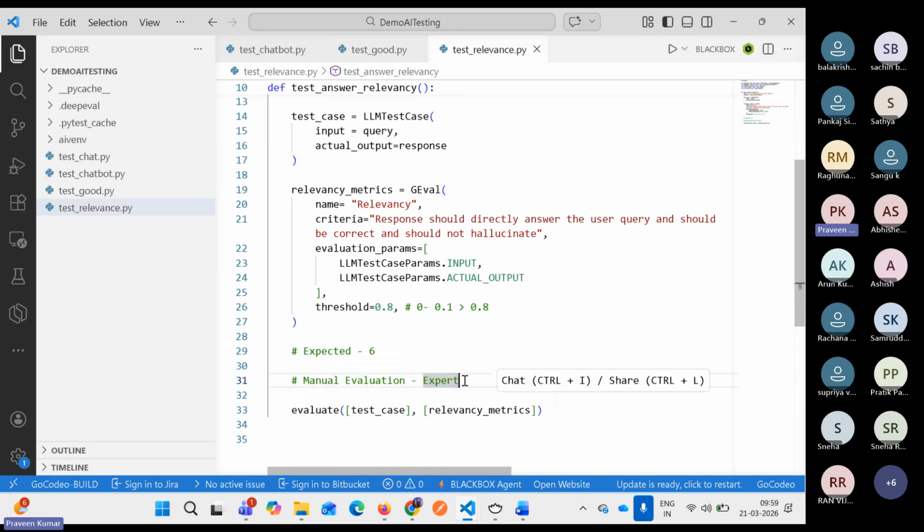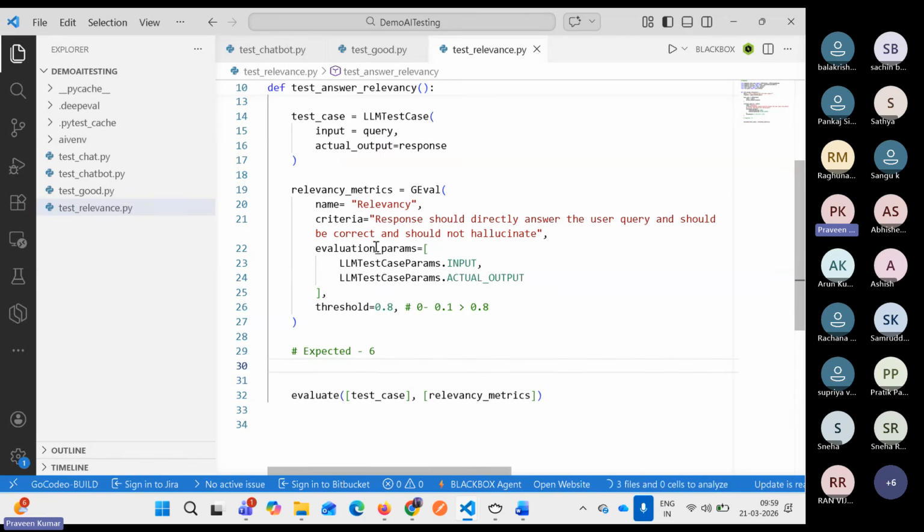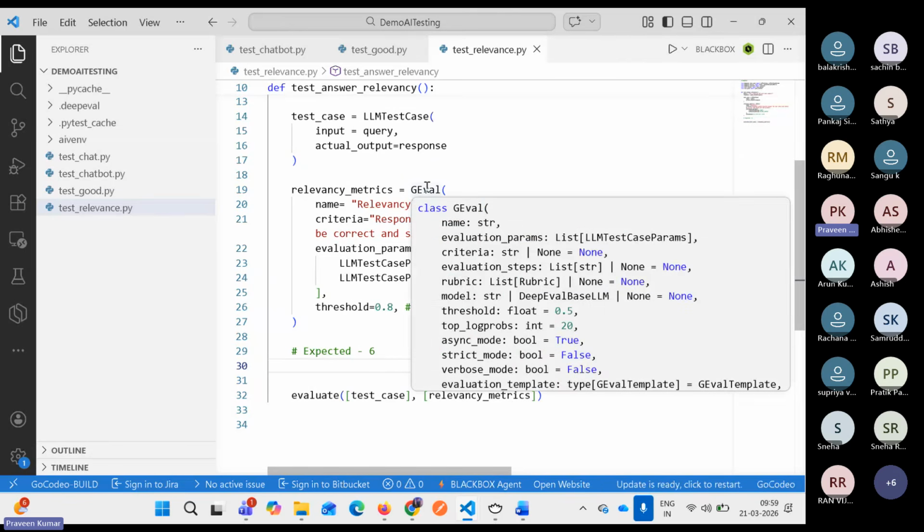That is where testing comes in as part of AI/LLM automation testing, where you will be using GEval. It uses a model, whichever model you provide, or by default, whichever model it checks as best working, which provides the correct answer.